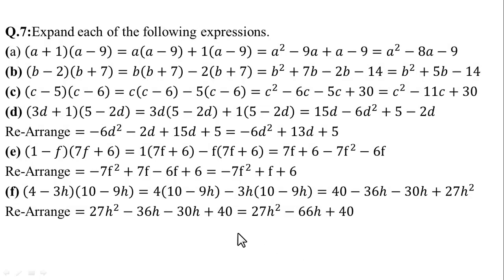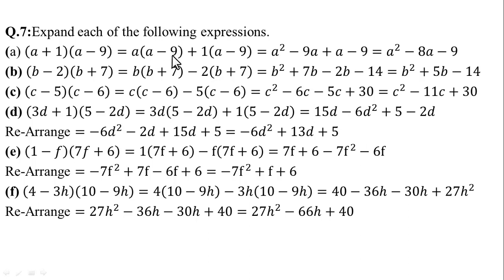In question number 7, expand each of the following expressions. Given that in A part, (A plus 1) into (A minus 9): A multiplied by A minus 9, plus 1 multiplied by A minus 9.